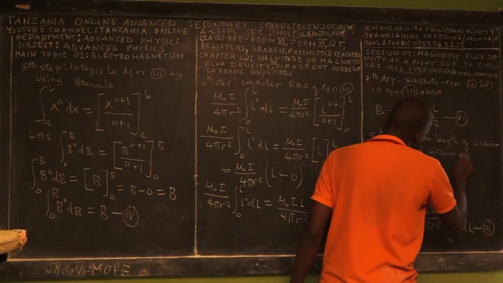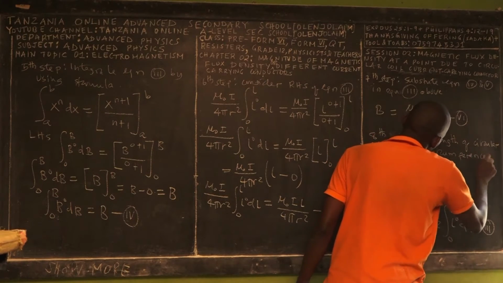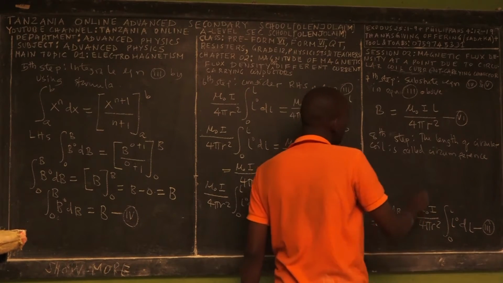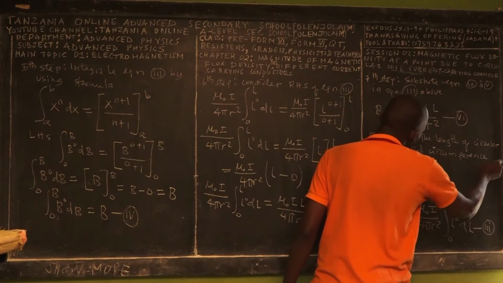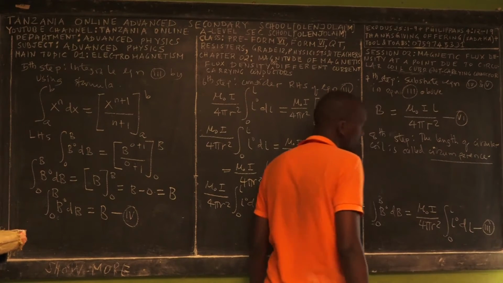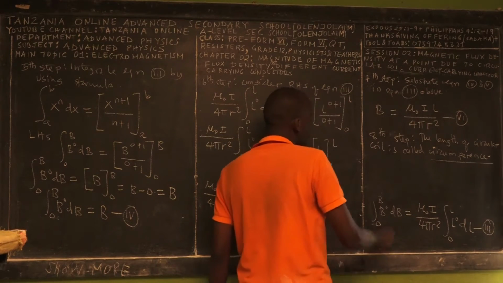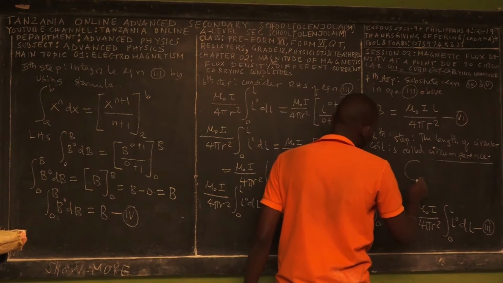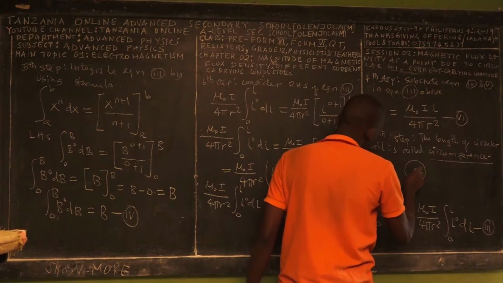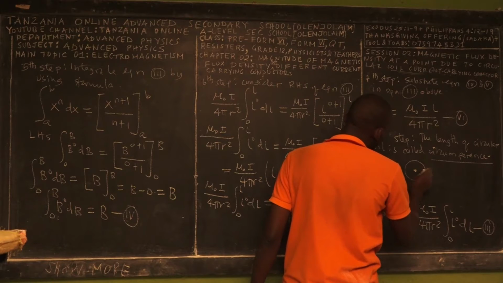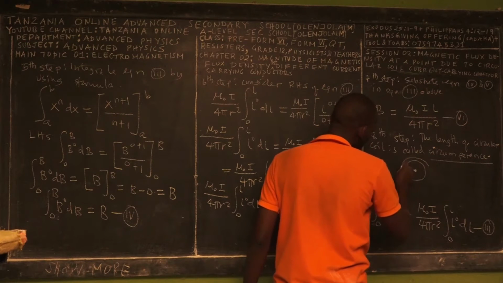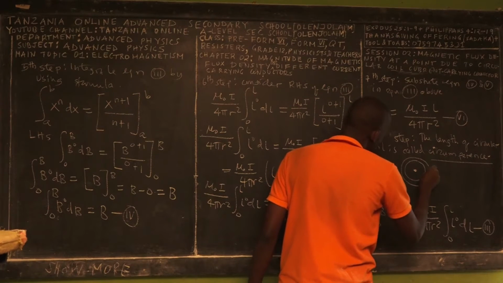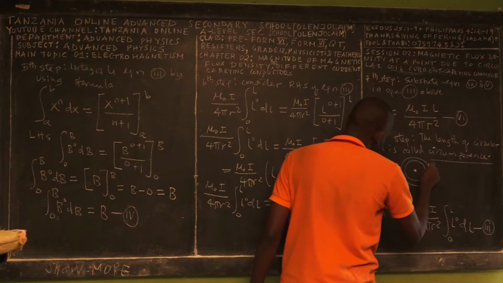For example, suppose that this is the circular coil. The length of this circular coil is the circumference, this entire length.